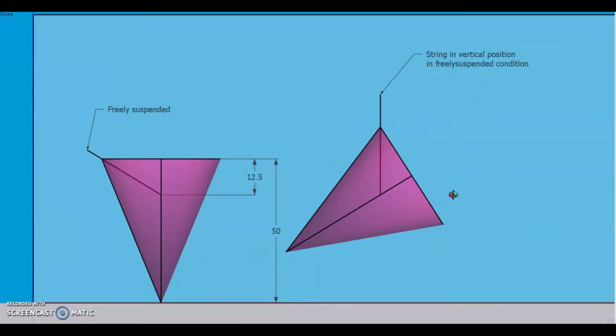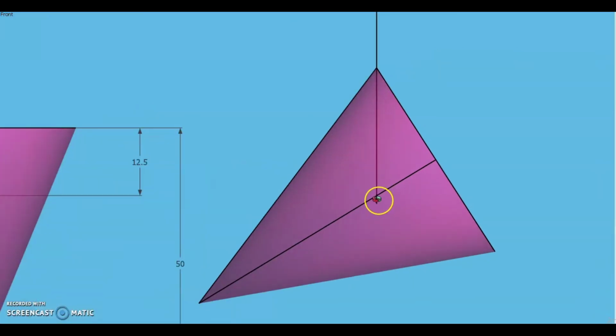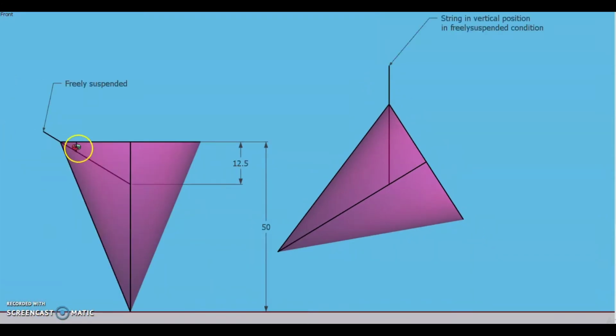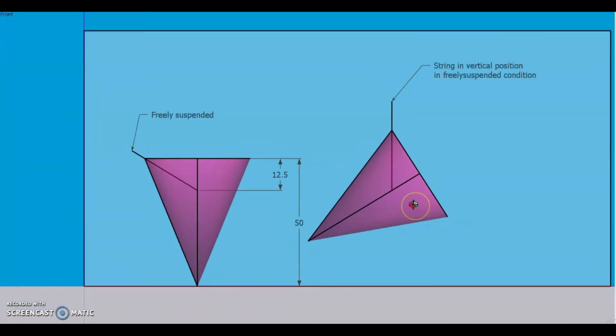Now in the final freely suspended condition, the string should be vertical. So draw this vertical line, and on this vertical line locate this point which is the center of gravity. Measure this distance and shift it here, and locate this point by using the compass.